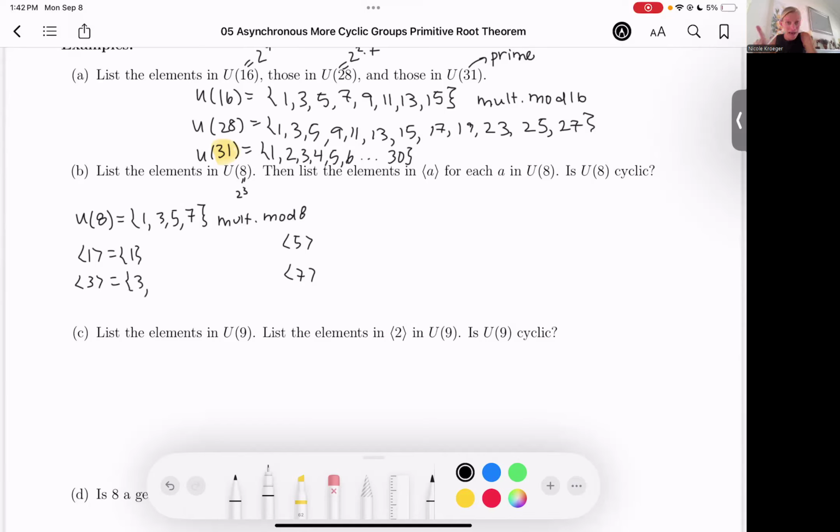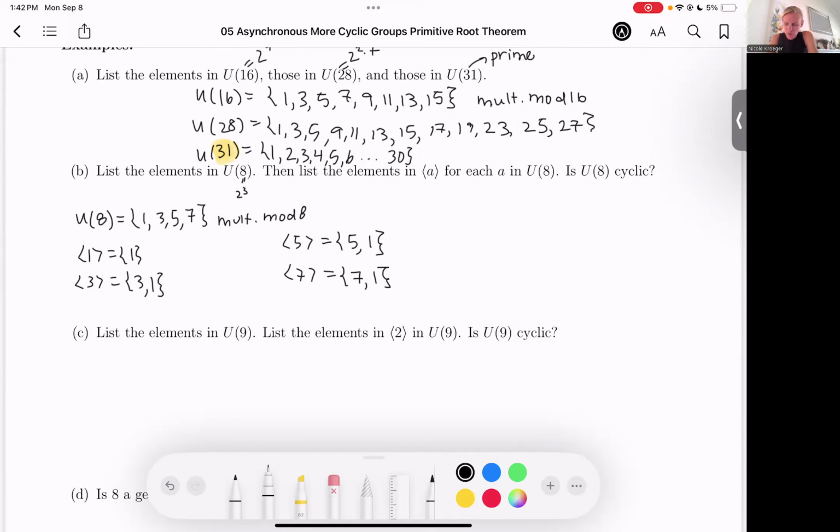Then I have 3 times 3, which is 9. 9 mod 8 is 1. So I'm back to the identity again. Once I get back to the identity, I've got everything I need. 5 is going to give me 5. 5 times 5 is 25. But 25 mod 8 is 1. So that's everything here. And then 7 will give me 7. 7 times 7 is 49. 49 mod 8 is again 1.